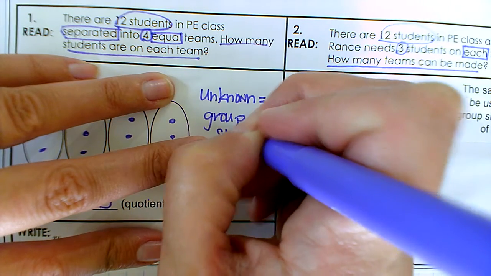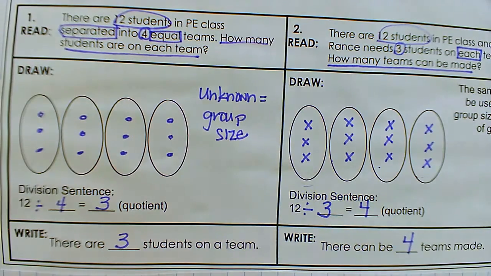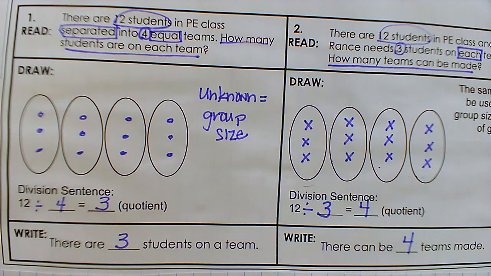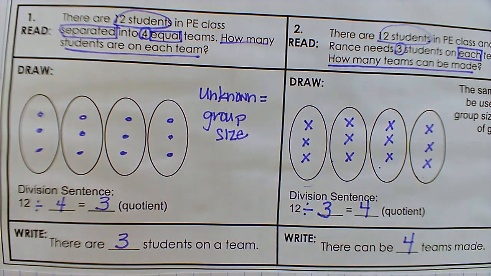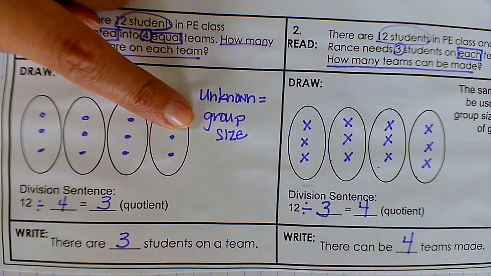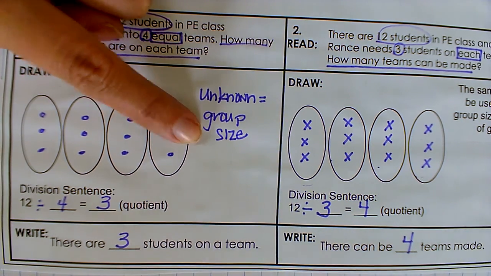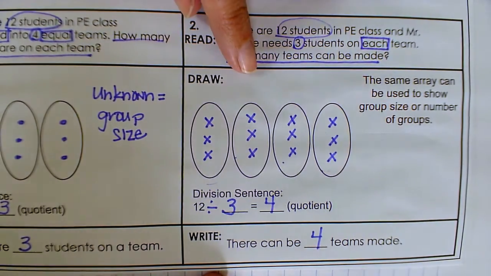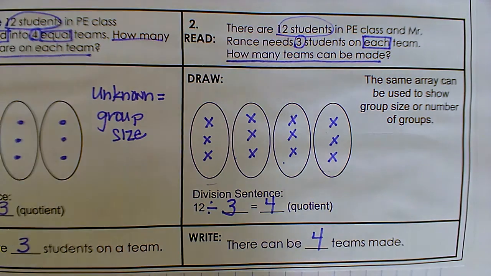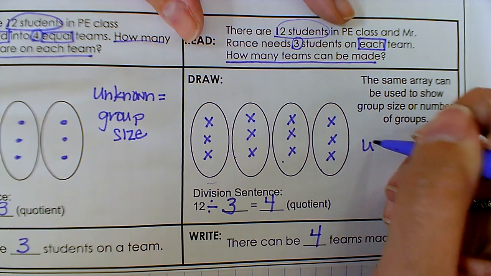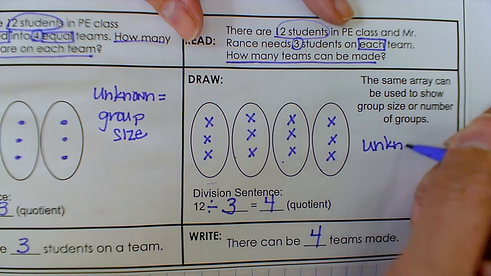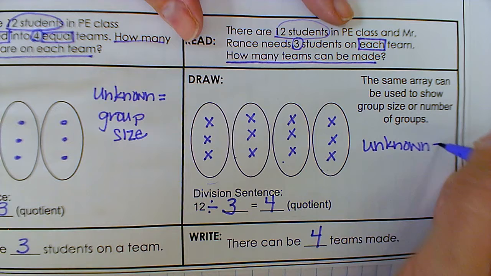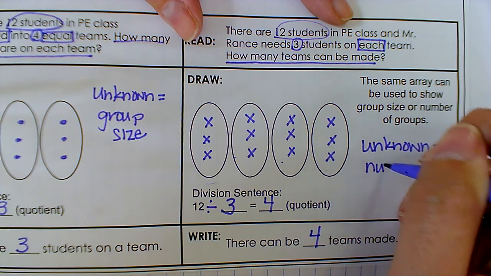I knew I needed 4 groups, but I did not know how big my groups would be. So sometimes in division, I am looking for the group size. But other times in division, like this one, I didn't know how many groups I could make. So this time the unknown was the number of groups.